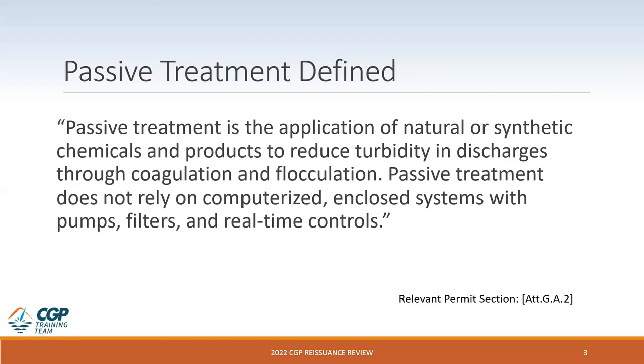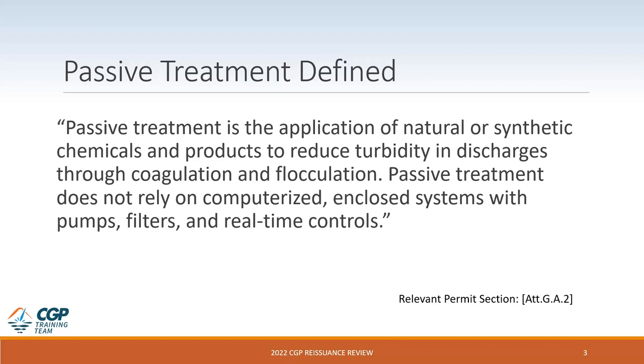And so first off, passive treatment, as it is described in Attachment G of the 2022 CGP, is the application of natural or synthetic chemicals and products to reduce turbidity in discharges through coagulation and flocculation. Passive treatment does not rely on computerized enclosed systems with pumps, filters, and real-time controls.